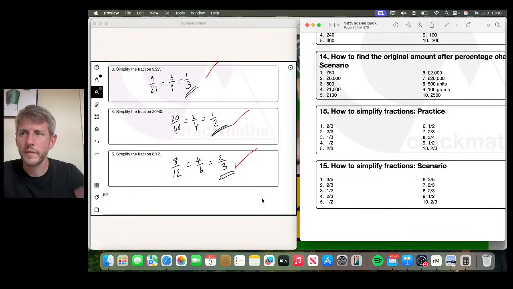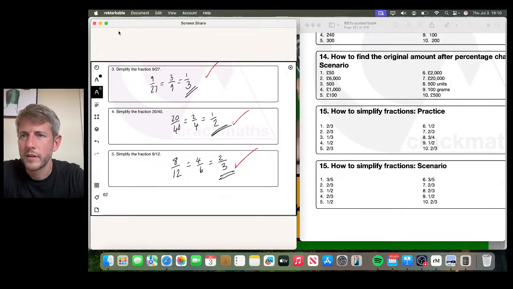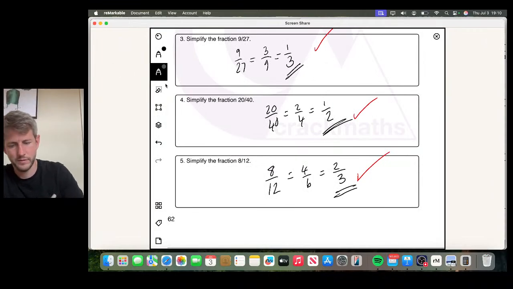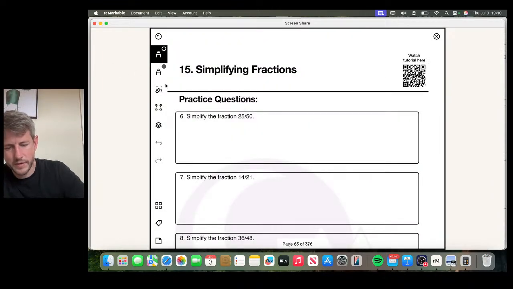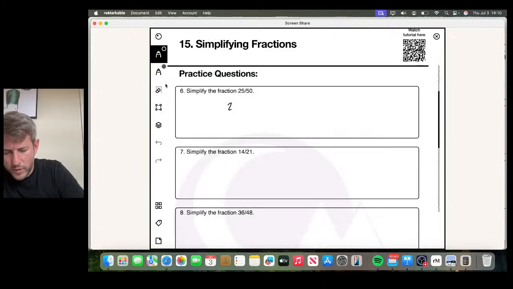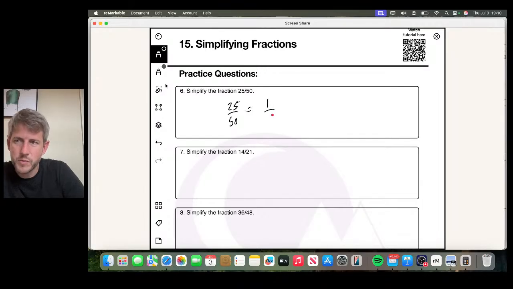Okay, right. Let's have a look at the next round. So here we go. Right, 25 out of 50. Well, I actually just know that this one's a half because 25 is half of 50. This one here, 14 out of 21.